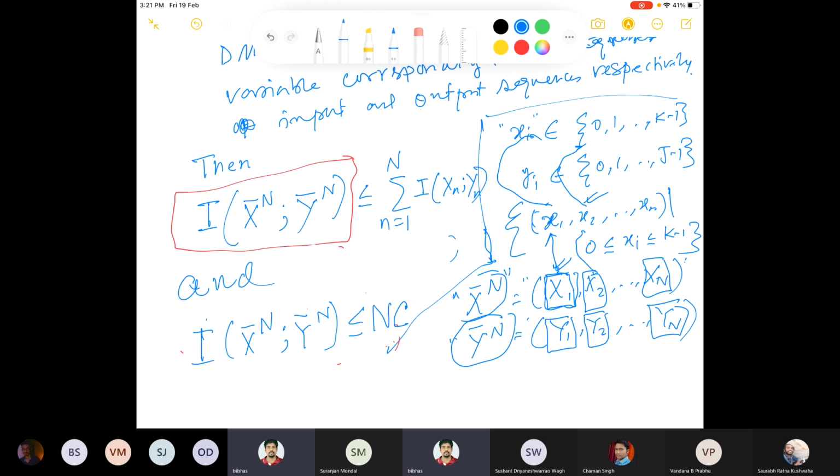So the channel capacity is greater than or equal to 1 by capital N times this. So now we have a lower bound for the channel capacity. The channel capacity is greater than or equal to this mutual information divided by capital N. Capital N is the length of the source sequence, or you can say the input sequence and the output sequence.